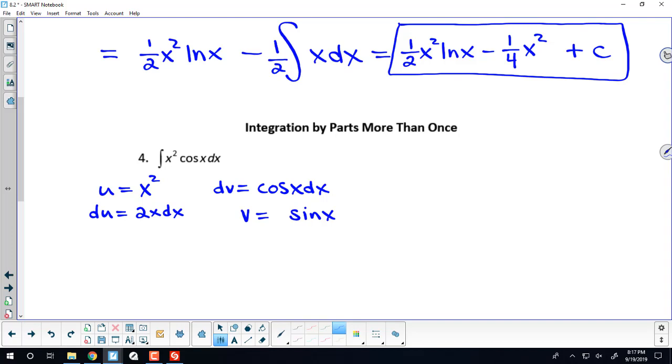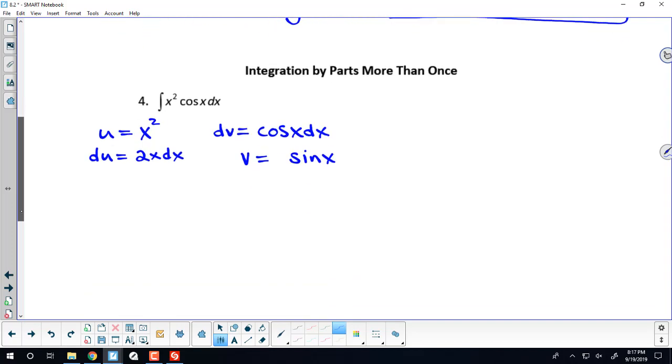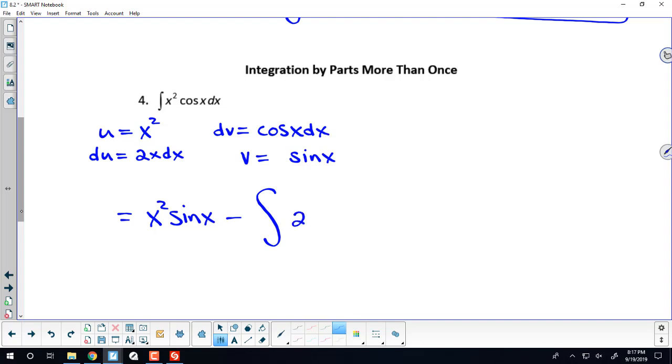All right, so integration by parts once. Let's see what that gives us. We have u times v, minus the integral of v du. The new integral is pretty comparable to what we started with, right? It's still an algebraic times a trig function.